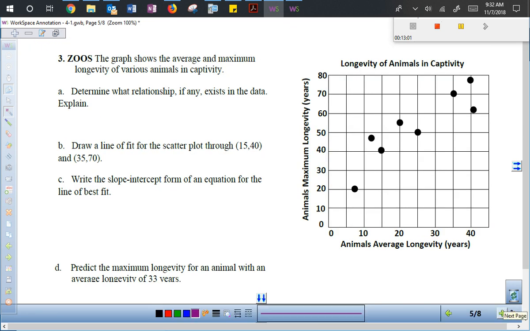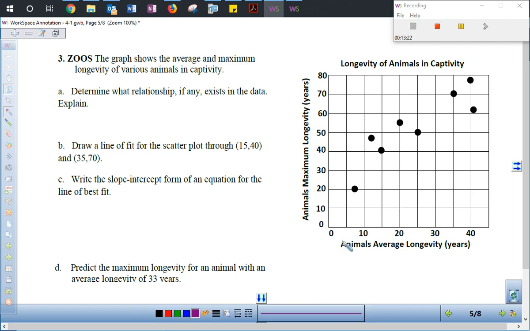Alright, on the next page, number 3, it says the graph shows the average maximum longevity of various animals in captivity. So I'm going to explain this graph to you before we move on. Here's a graph, and we're talking about longevity of animals in captivity, so how long animals can live while in captivity. Now, the animal's average longevity is compared to their maximum longevity.